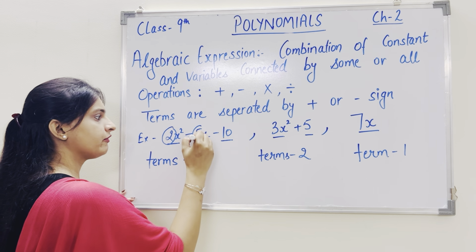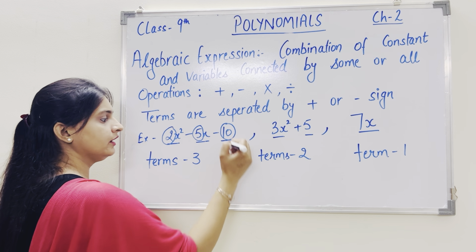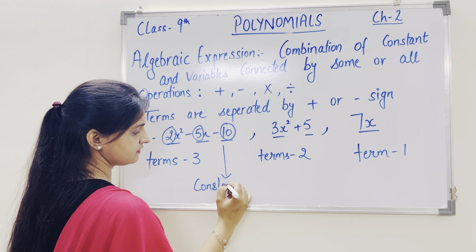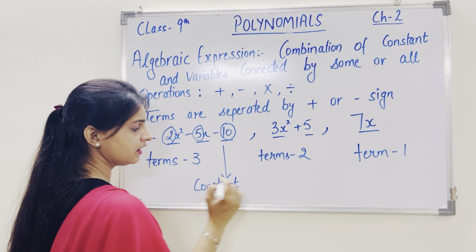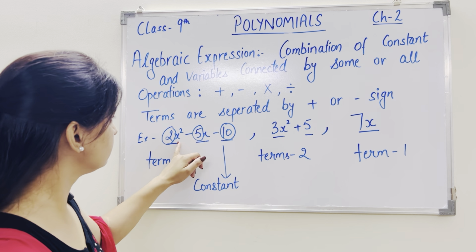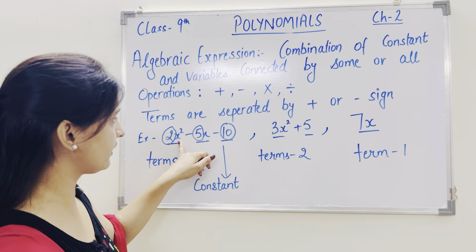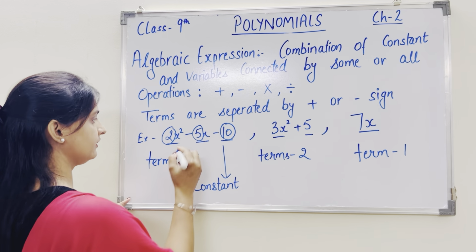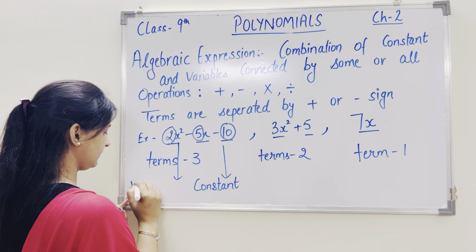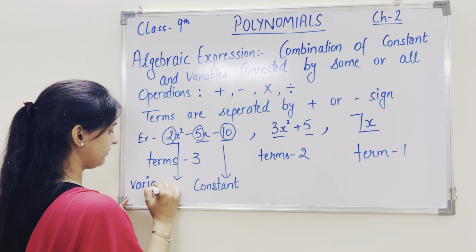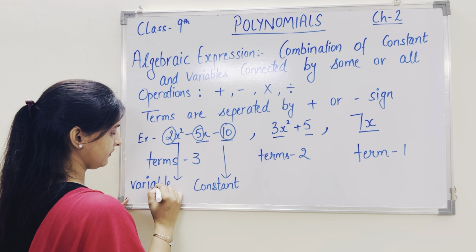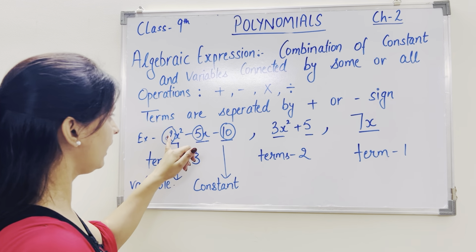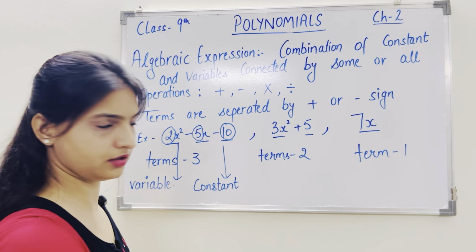And here, what do we mean by constants and variables? 2, 5 and 10, these are the constant terms. And here x square and x, these are the variables. Here x is the variable. In this algebraic expression, x is the variable and these are the constant terms.